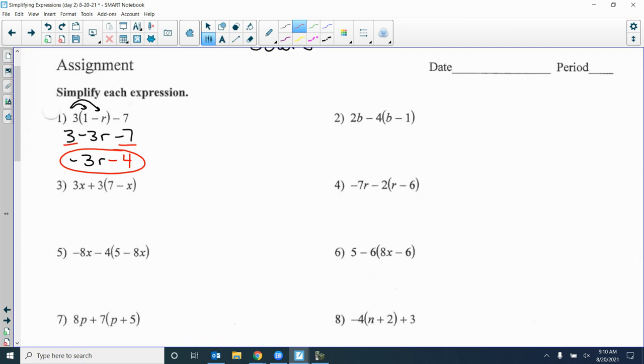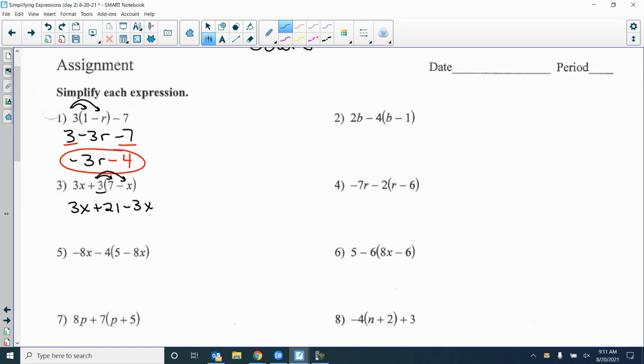Okay. Distribute. Now this 3 will go to the 7, and it'll go to the negative x. 3x does not get affected. 3 times 7 is a positive 21. 3 times negative x, think of that as a negative 1, so you've got to make that a minus 3x.